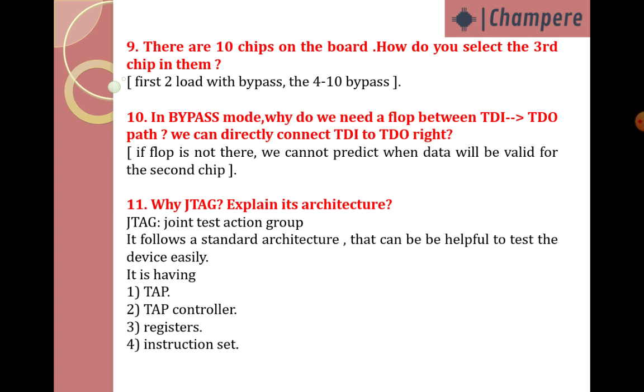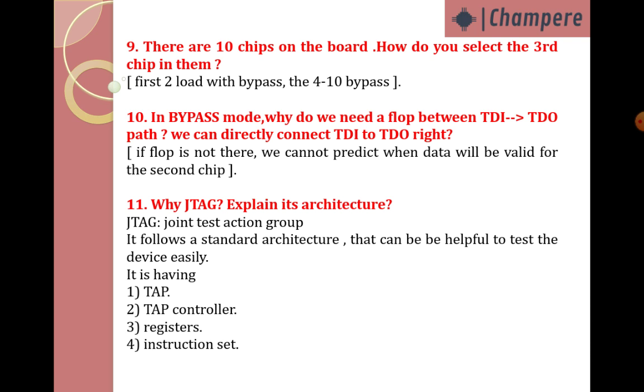There are 10 chips on the board. How do you select the third chip among them? So here we have 10 chips on the board, so how to select the third chip? See, the first two chips are loaded with bypass, and chips 4 to 10 will be in bypass.